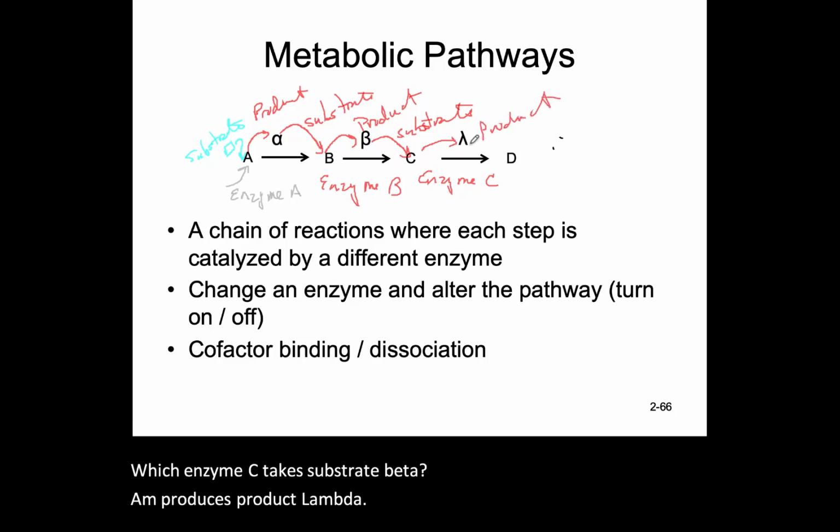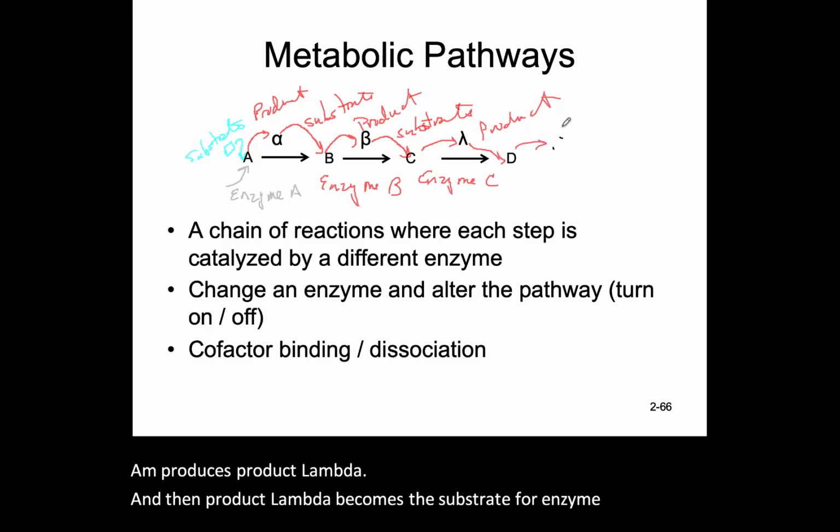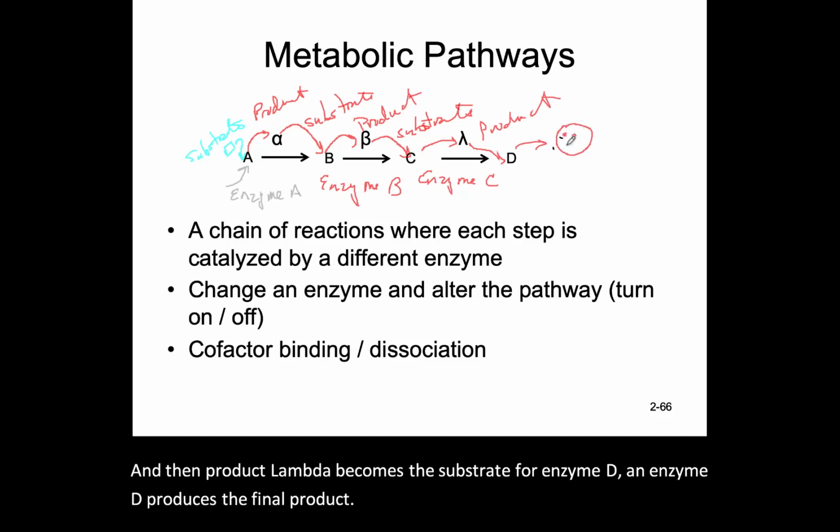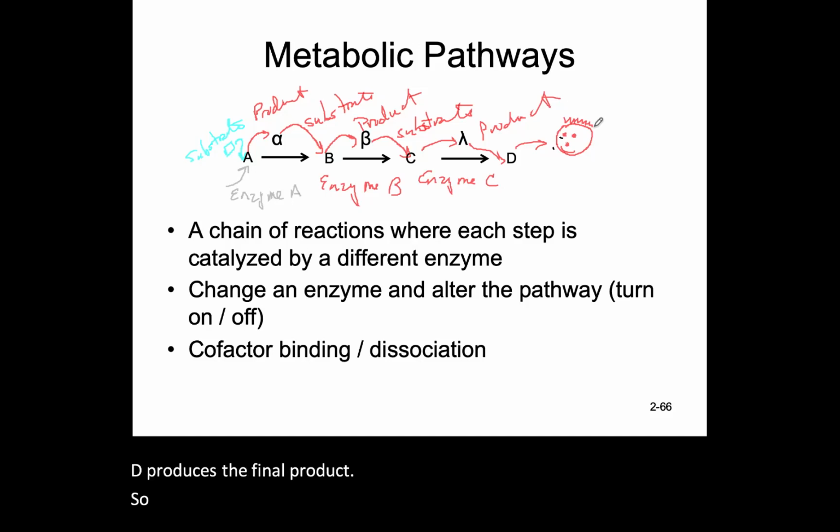And then product lambda becomes the substrate for enzyme D, and enzyme D produces the final product. So each enzyme had a role in producing an aspect of the final product.